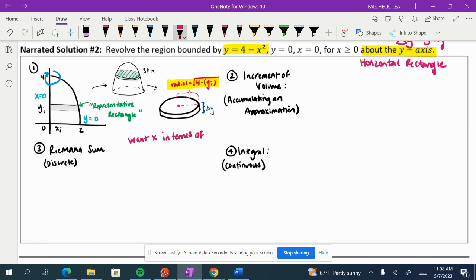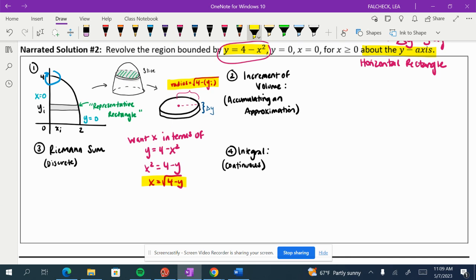When you are rotating about the y-axis, you have to solve the original function for x. We start with y equals 4 minus x squared and solve for x. So we have 4 minus y, square root both sides, and x is equal to the square root of 4 minus y. That is the function that generates our radius. That's where that came from.